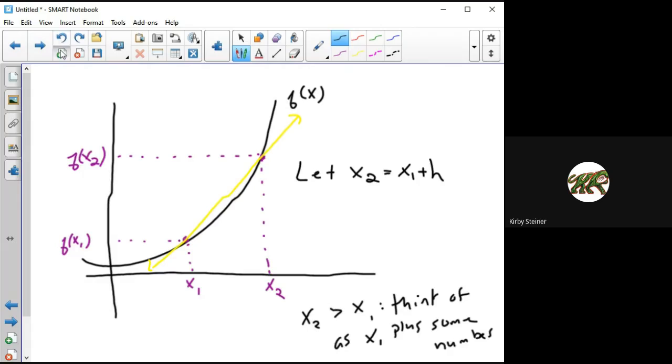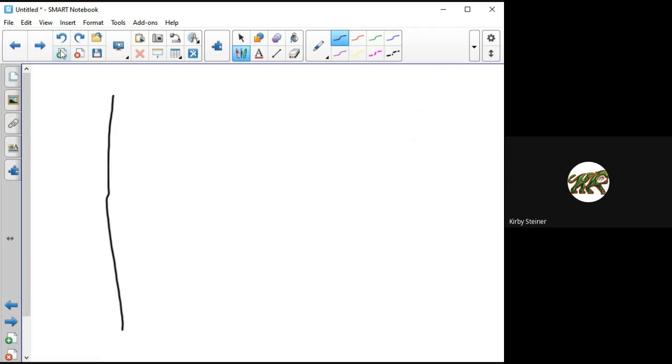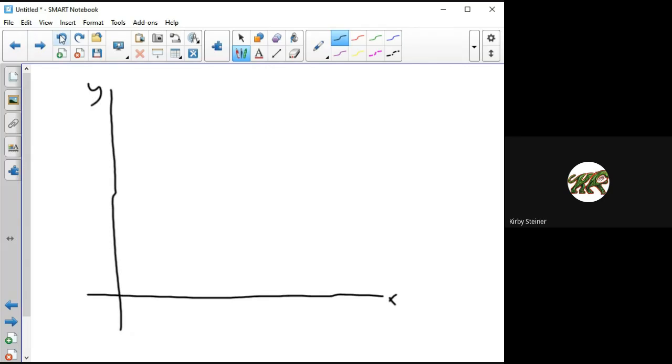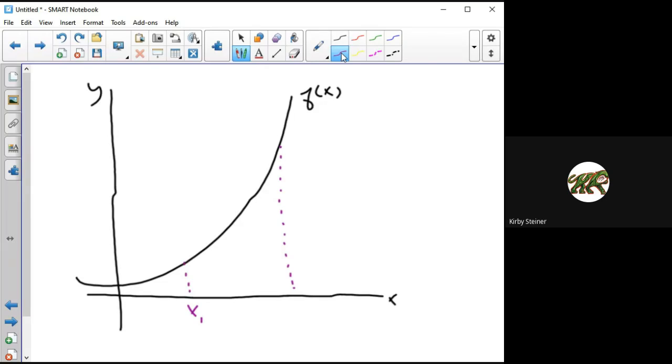Again, we have a graph with a function on it, and I have a point x1, but now instead of having a point x2, what I have is a point x1 plus h. Coming over here, I have f of x1. Instead of f of x2, I have f of x1 plus h.